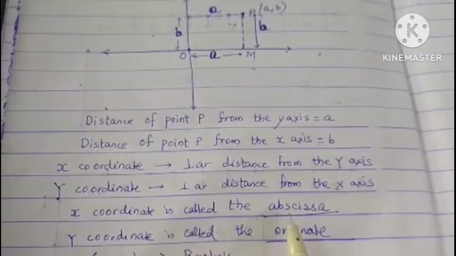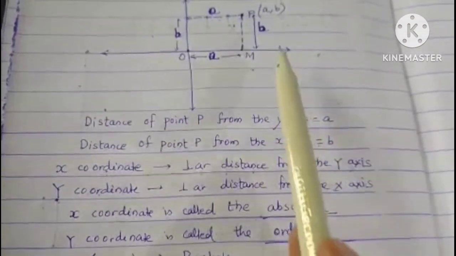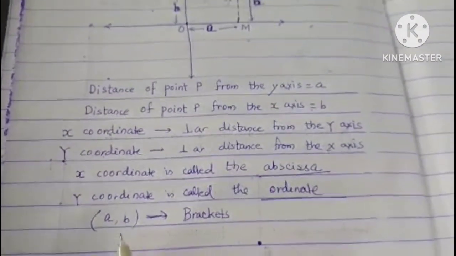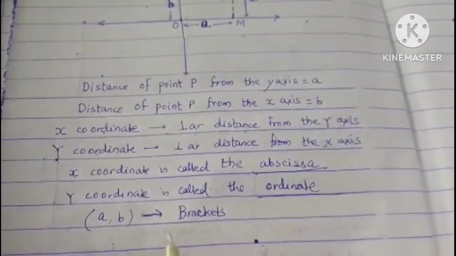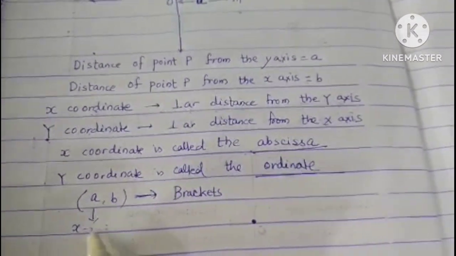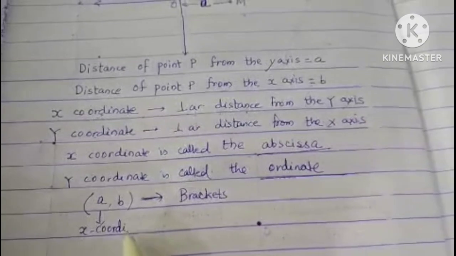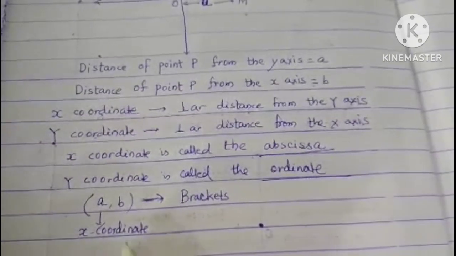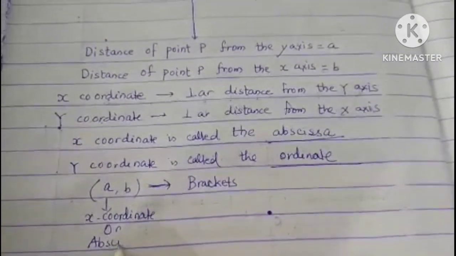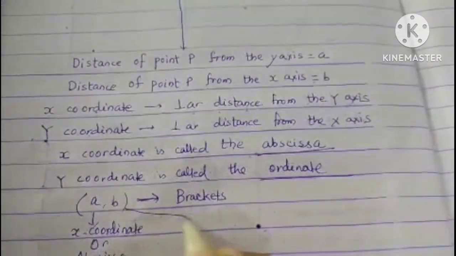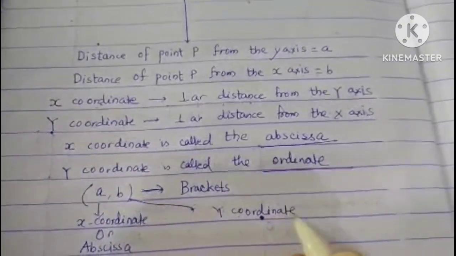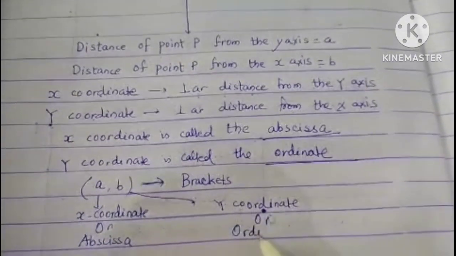So x coordinate or abscissa is A in this figure, and y coordinate or ordinate is B. And we write it like this, AB in brackets. First the x coordinate, A, and B is the y coordinate. A is the x coordinate or abscissa, and B is the y coordinate or ordinate.